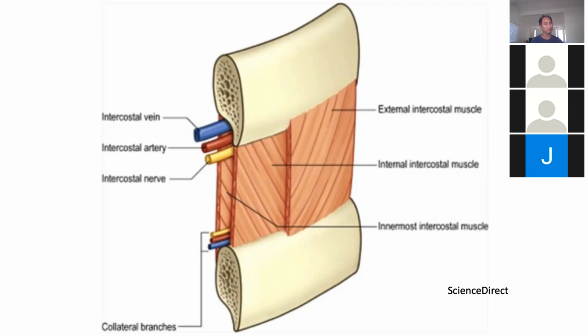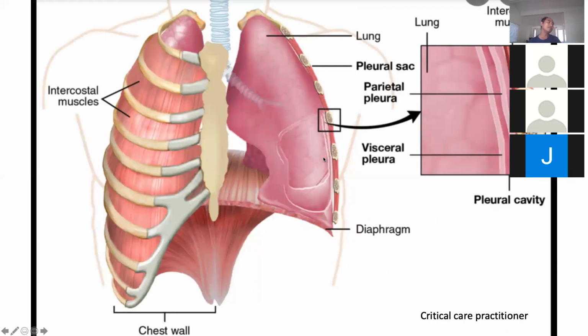So here, look at the thoracic cavity: first rib, second rib, third rib, the intercostal space filled with intercostal muscles, external intercostal, internal intercostal, and innermost intercostal. If you look at one particular area, let's magnify it. This is the rib.